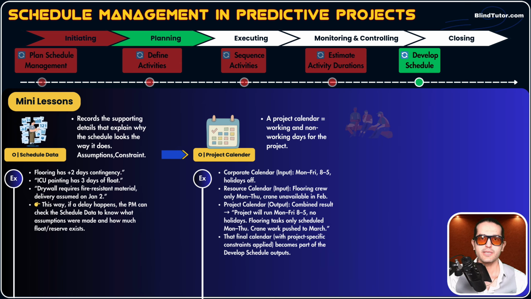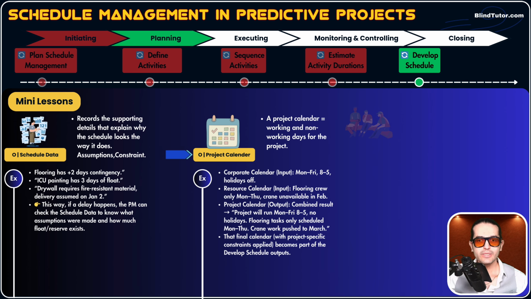Resource calendar, for example, says, hey, flooring crew available Monday to Thursday, and crane is unavailable in February. Now we mix these two data, and our project calendar will be like this. We combine the results, and the project will run Monday to Friday, 8 a.m. to 5 p.m., and no weekends.